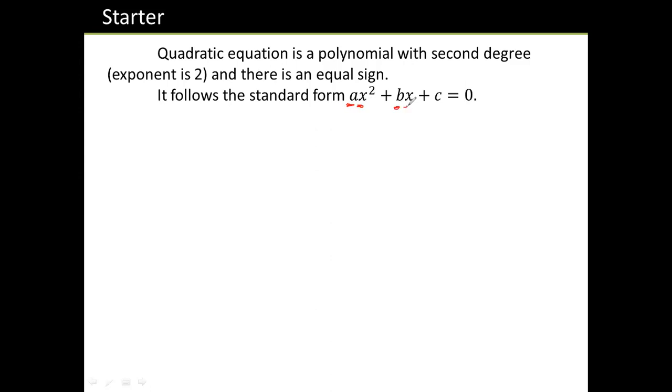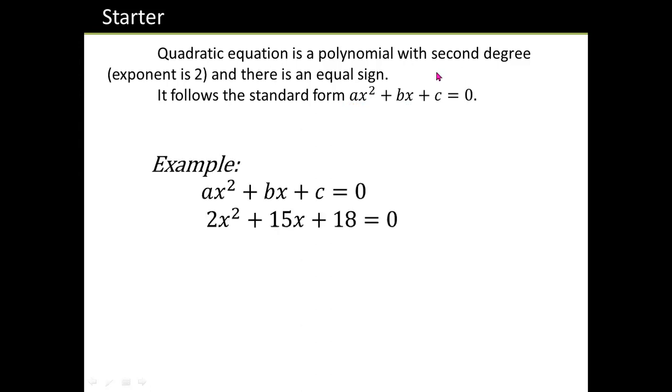That is to refresh our knowledge. Now, example, we can have the quadratic equation 2x squared plus 15x plus 18, where we have the coefficient 2, coefficient of variable x squared, and 15, coefficient of variable x. So that is quadratic equation.